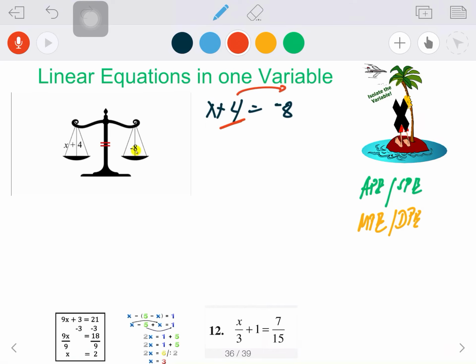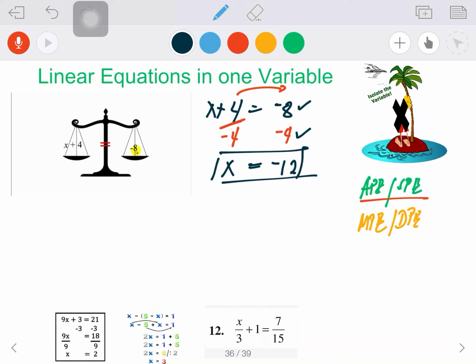Since the operation between the variable and 4 is addition, we use either addition principle of equality or subtraction principle of equality. So, in order to isolate that, we have to subtract 4 on both sides of the equation. Here, you're left with x equals negative 12 because you have a negative 8 and a negative 4. Since the variable is already isolated, that is your final answer.